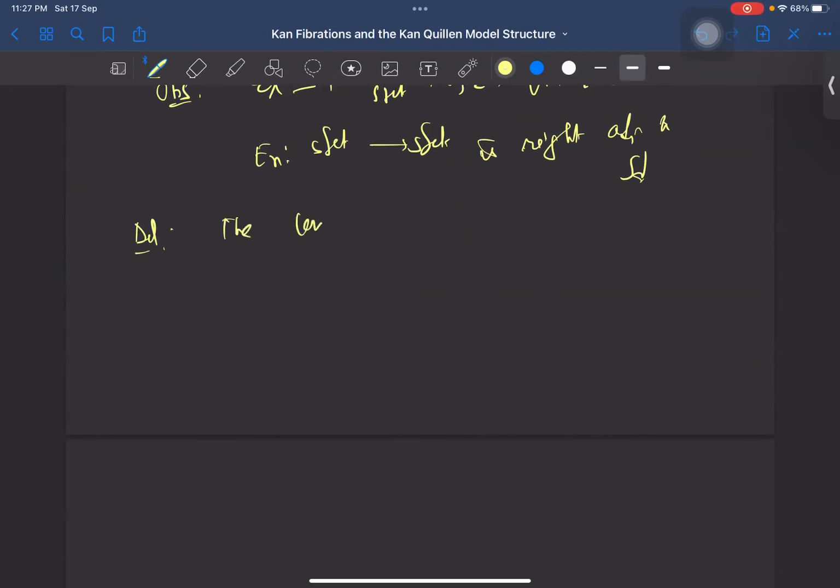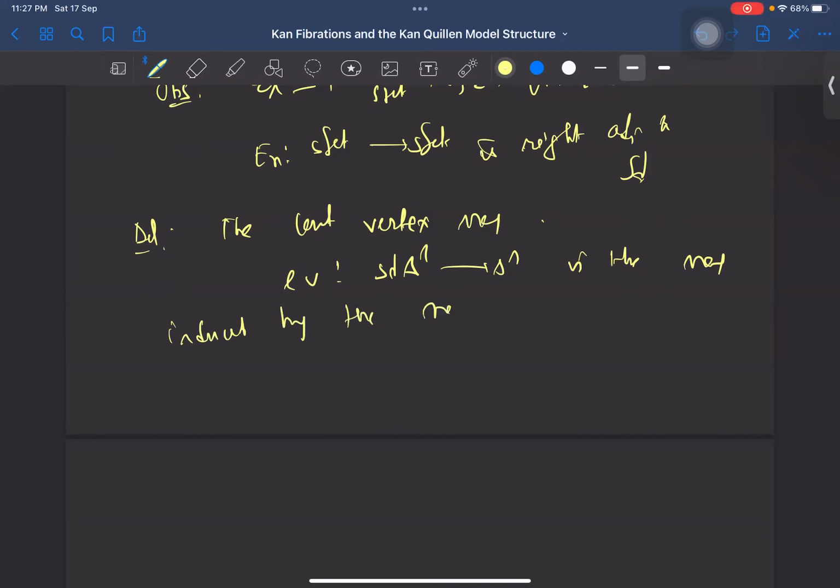The last vertex map, this is what I call it, let me call it LV for last vertex. It's the map induced by the maps of posets.